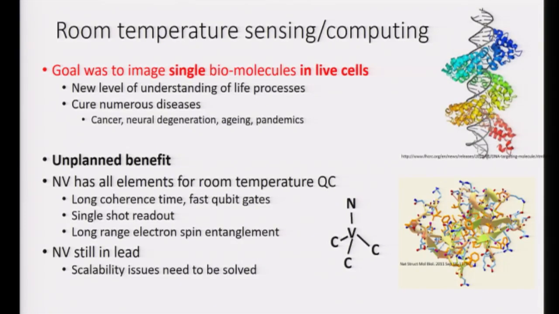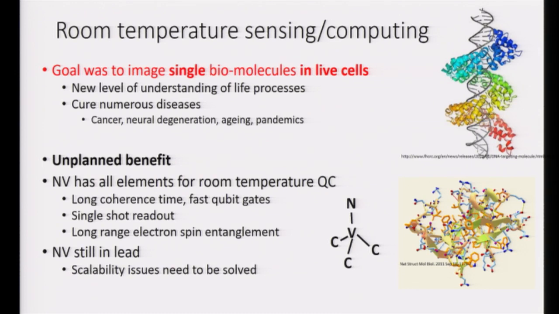The second motivation is room temperature. Okay, before I got into quantum information, I had another goal. This goal was to image single biological molecules and to do it in live cells. Okay, now this was a very hard problem, but if you can solve it, there would be some advantages.